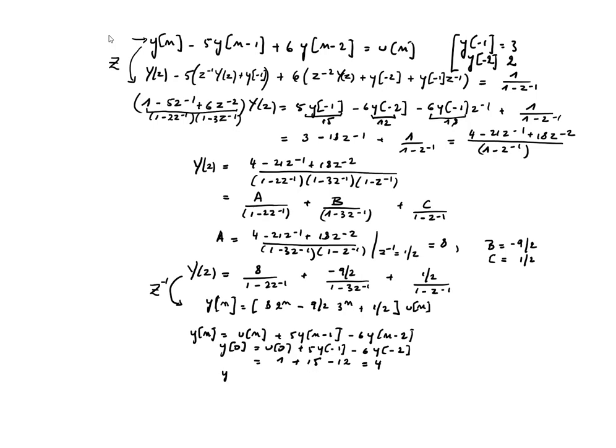We can also obtain y1. y1 is u1 plus 5 times y0 that we have just computed minus 6 times y of minus 1. So this is 1 plus 20 minus 18, so that's a 3.